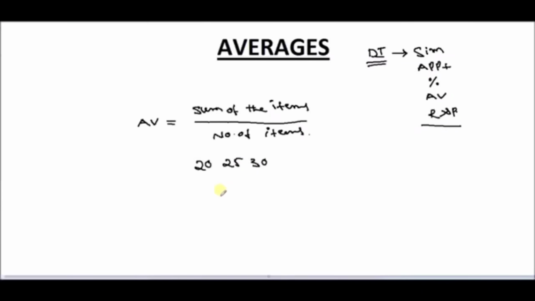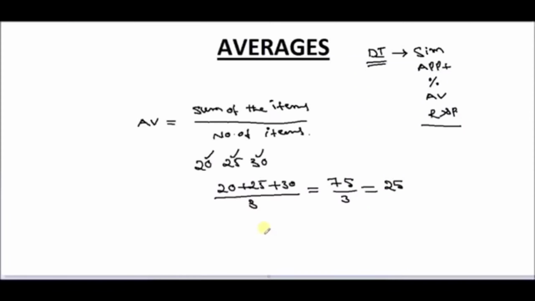Average is the sum of the items, 20 plus 25 plus 30, divided by the number of items, which is 3. That is 45 plus 30, 75 divided by 3. We can easily say the average of these 3 is 25. Got the idea?